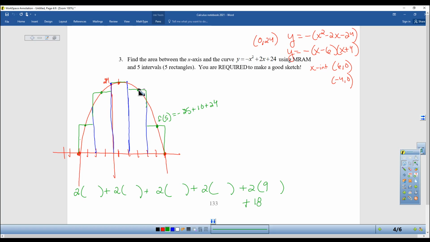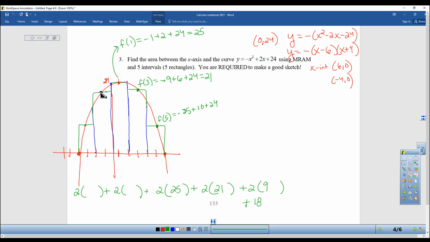This next one is f of 3, which is negative 9 plus 6 plus 24, which is 21. This next one is f of 1, which is negative 1 plus 2 plus 24, which is 25. So this rectangle is 25 high and 2 across, so it's a 2 by 25 rectangle.